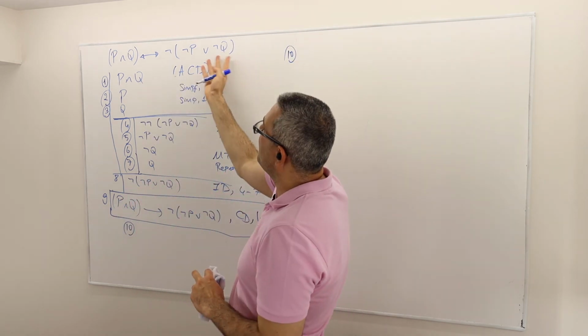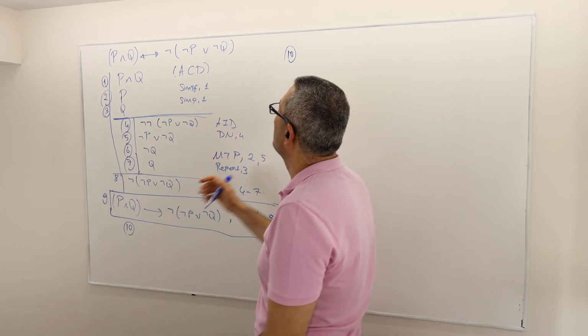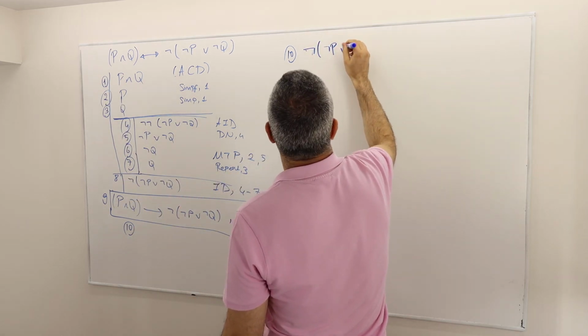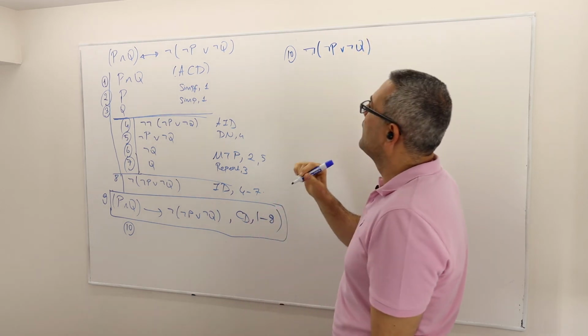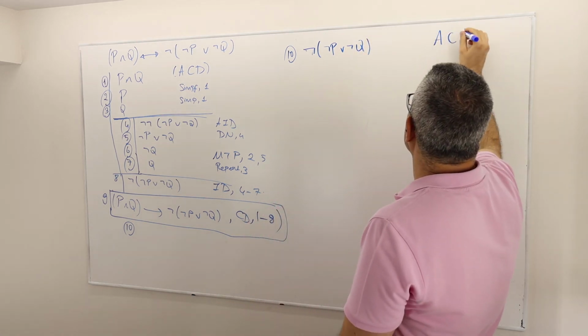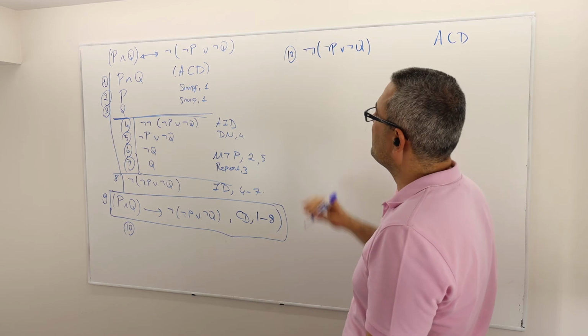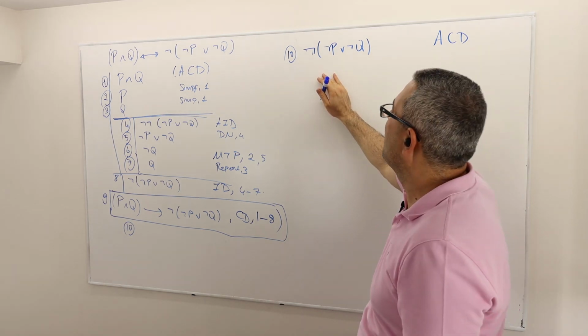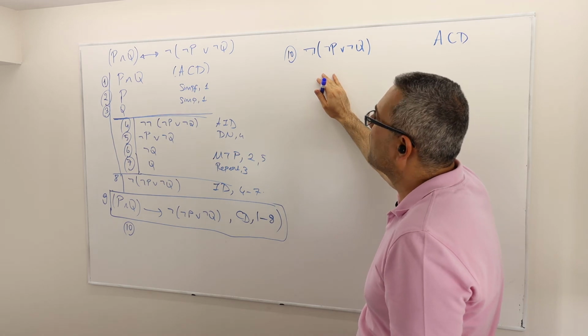In line 10, I want to prove this guy implies P and Q. So I'm going to assume "not P or not Q." This is the assumption for conditional derivation. From this, I cannot deduce anything, so I have to make some sort of assumption.